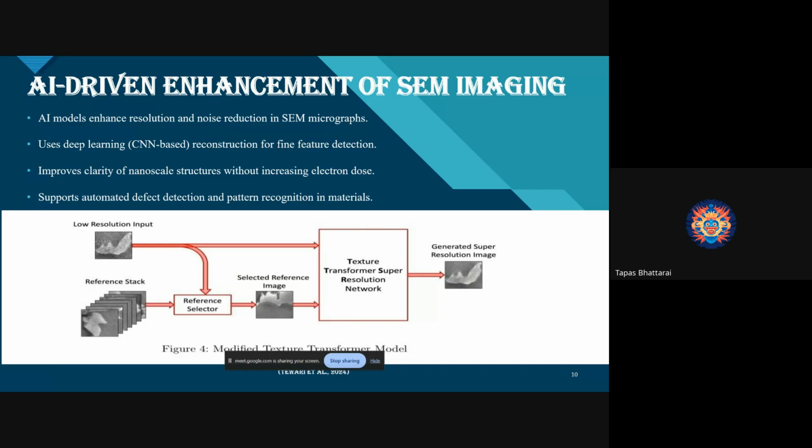Inside this network, the system intelligently transfers texture information from the reference to the input image, improving the details that were not visible, generating a super resolution image using all those reference stacks and the model. And this is how AI is being used to enhance SEM analysis.